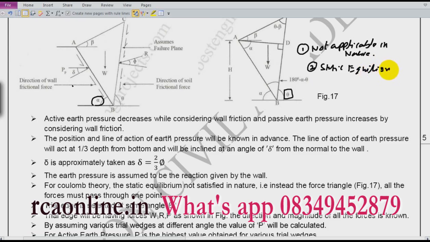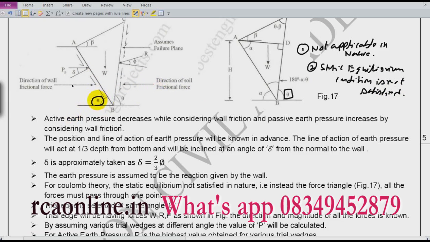So basic equilibrium conditions are not satisfied. Is it okay? Many a time you will find that people still stick to the Rankine theory. But what he said is important from an objective point of view.